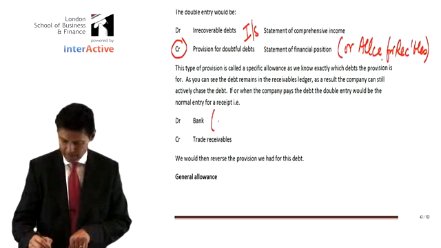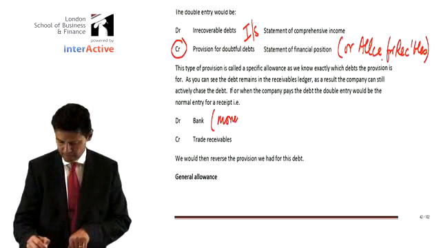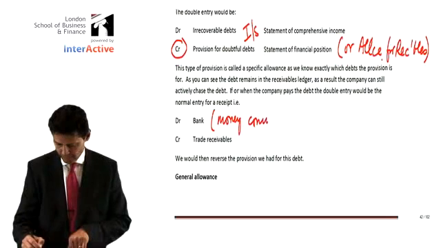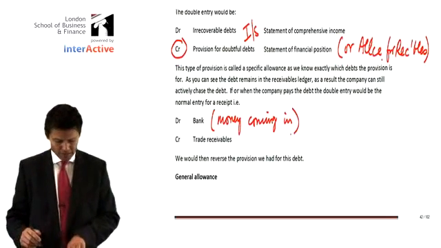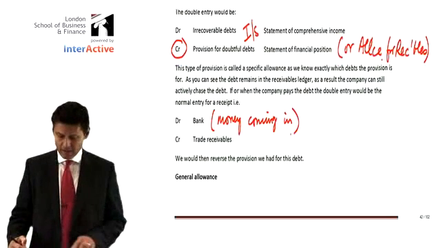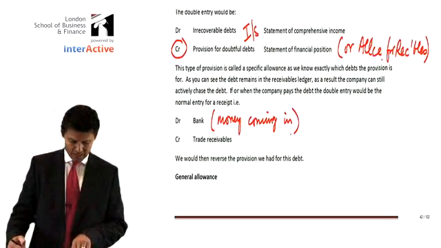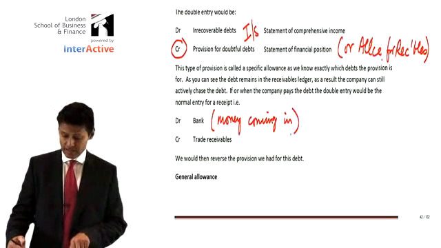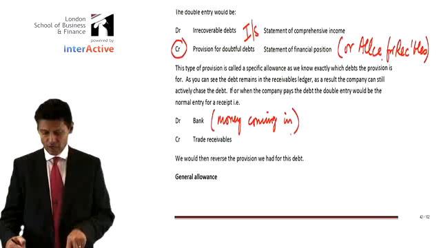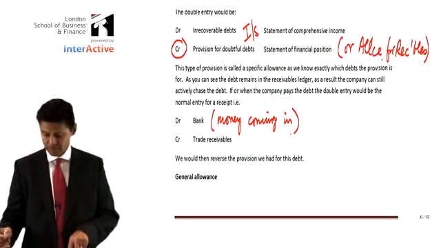So I'll say in brackets, debit bank, money coming in. And credit trade receivables. I suppose the reason is we are expecting less in the future as a result. And so we would reverse the provision we had for this debt.